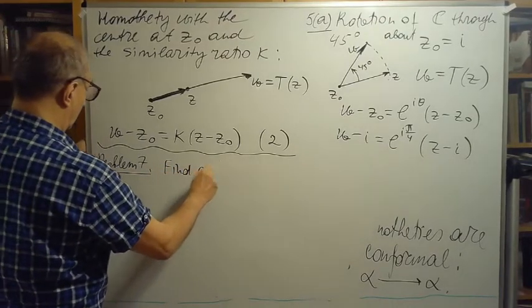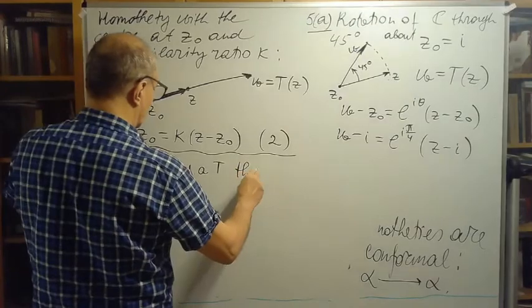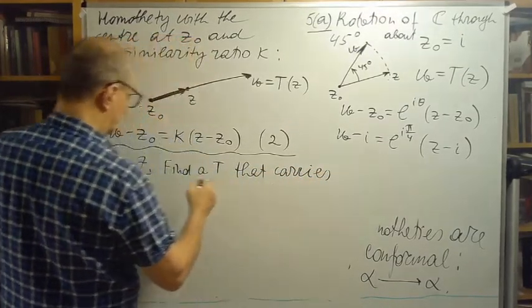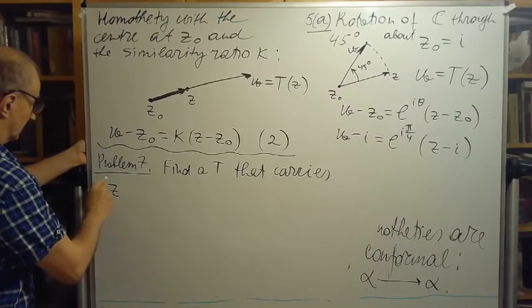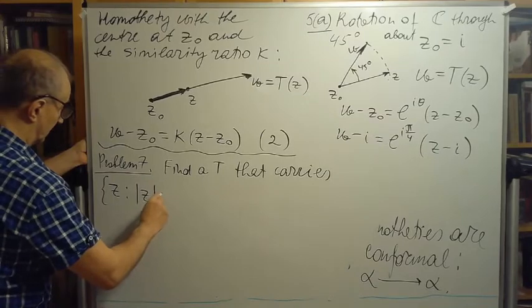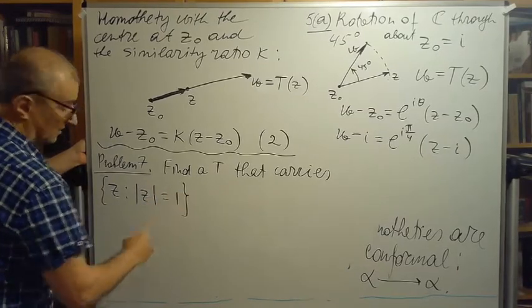Find a transformation that carries the unit circle, the set of z such that modulus of z is equal to 1.